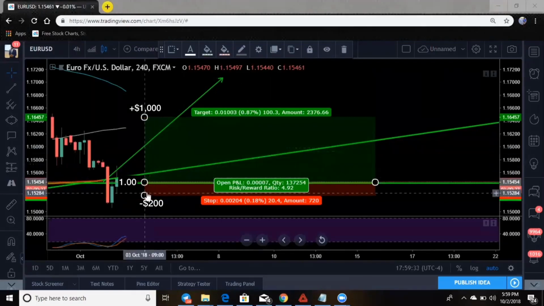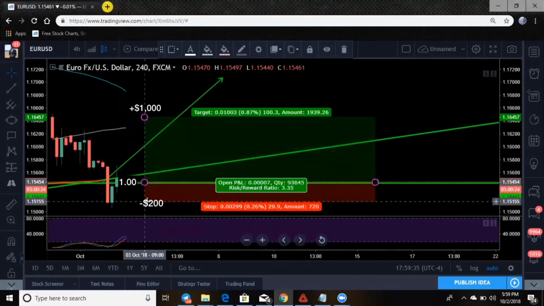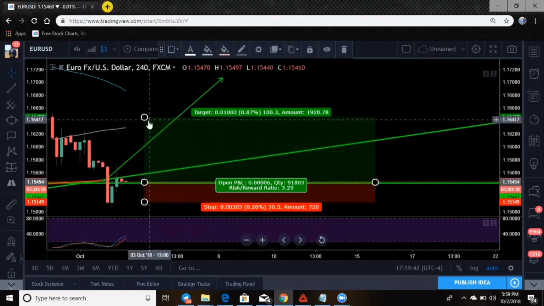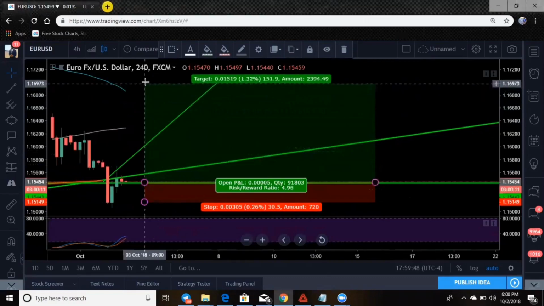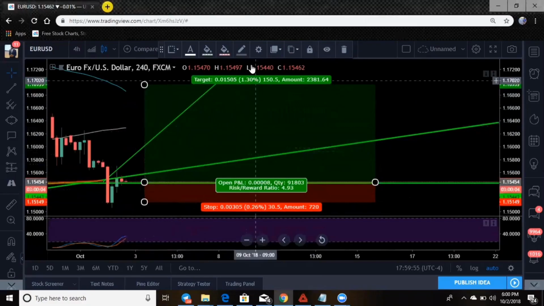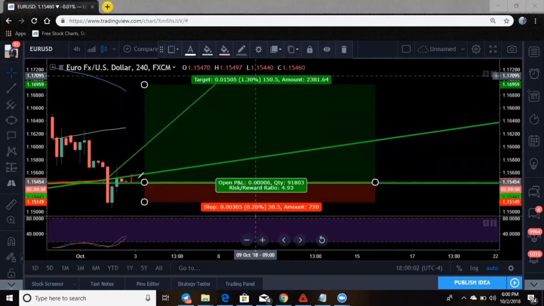I can also increase my risk. Let's put it at 30 flat and keep this at 100, or let's just bring it up a little bit more to about 150. At $10 a pip, now that my risk is much bigger, $10 a pip would be 1.00 lot.